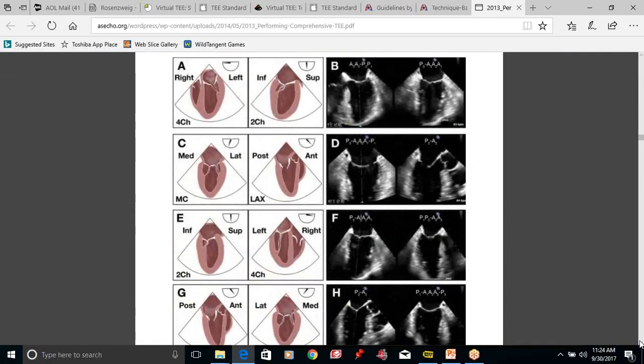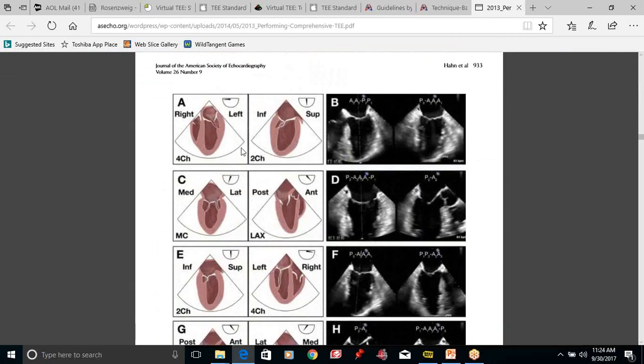These are some of the common views. So again, in the mid esophageal level, 0 degrees, or 90 degrees. When you look at the actual image, you'll get something looking like this or this.